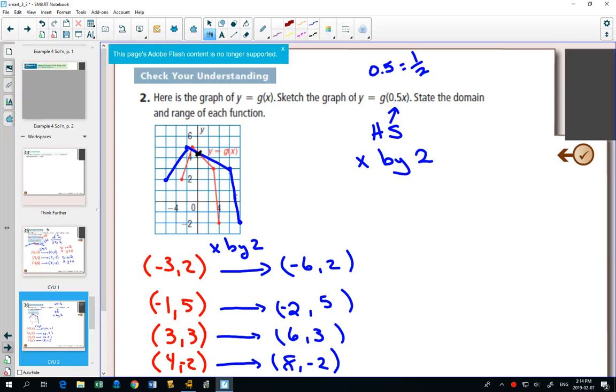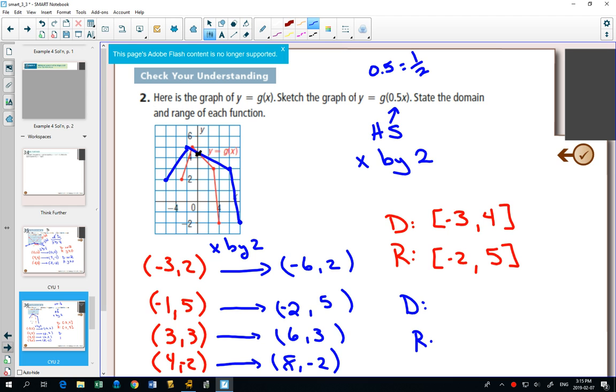Domain and range of these functions, I'm going to use interval notation this time. The smallest x value to begin with was -3. The largest x value to begin with was 4. In my range, the smallest y value was -2. My largest y value was 5. On my new blue graph, my domain is now -6 to 8, but my range stayed the same.